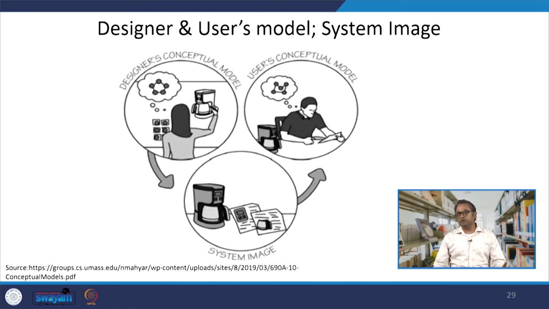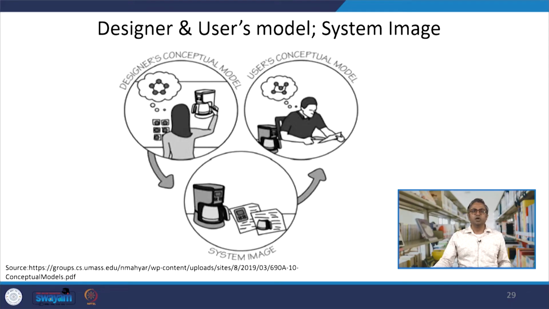How can one meet and finish the goal line? N number of stages and actions are involved there. What we see here is, when the designer's model and the user's model are similar, then the chances of error decrease and reduce to 0.